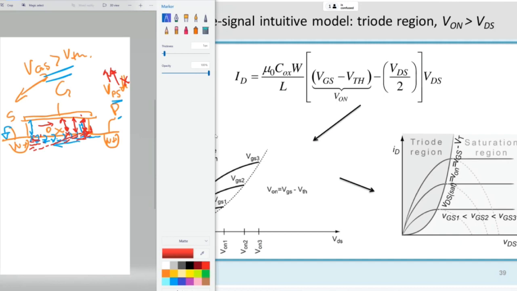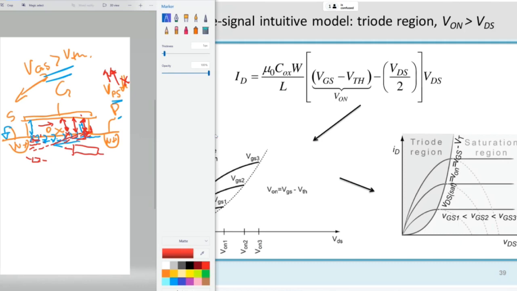And if I have fewer carriers, the conductivity decreases, or the resistivity of the channel increases. So here I have low resistivity, a small resistor, and in this part of the channel I have bigger resistivity.